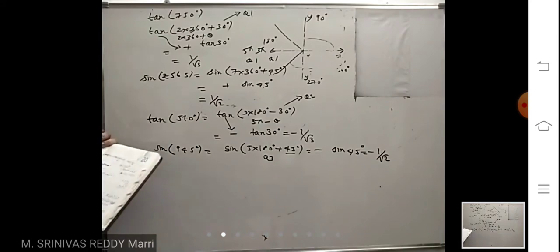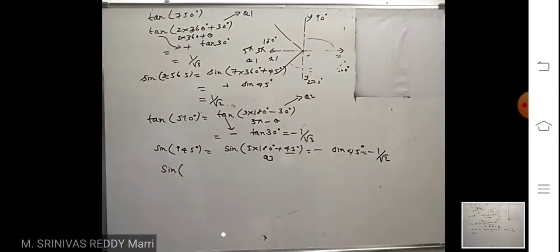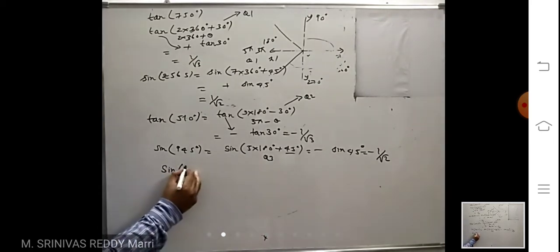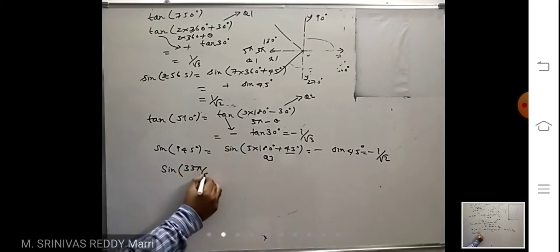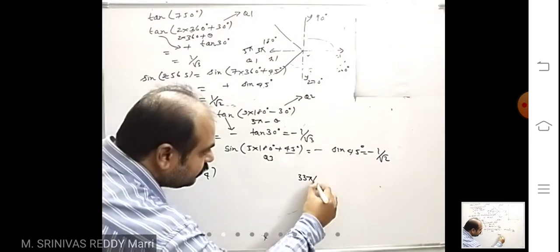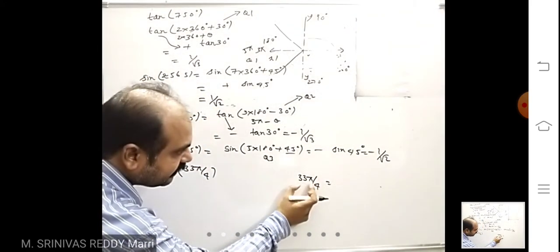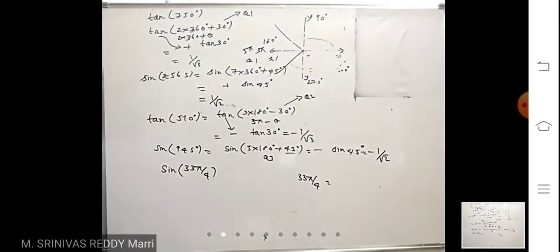Suppose in some cases he will give the angle in radians. Look, I am giving one angle: 33 pi by 4. No need to worry. You simplify like this: write the closest multiple of 4.